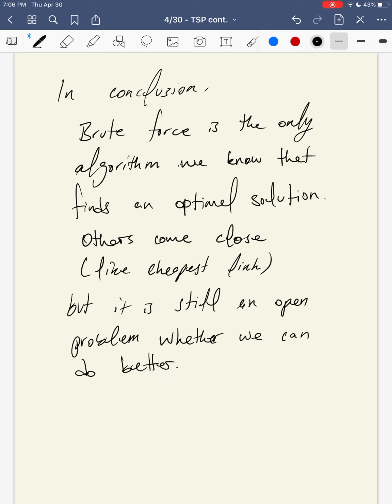Some problems aren't still open in that sense, like our voting system things. We can sometimes prove that we'll never be able to have a really fast algorithm, but in this case we haven't.